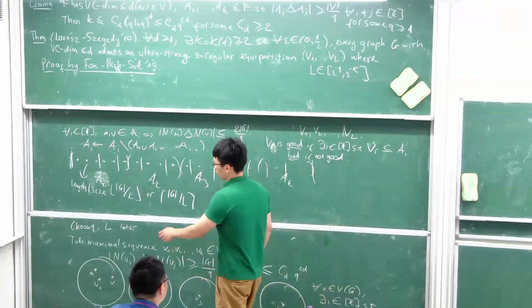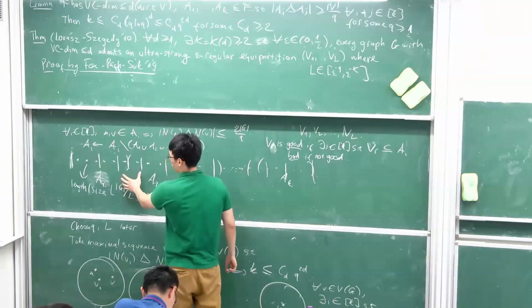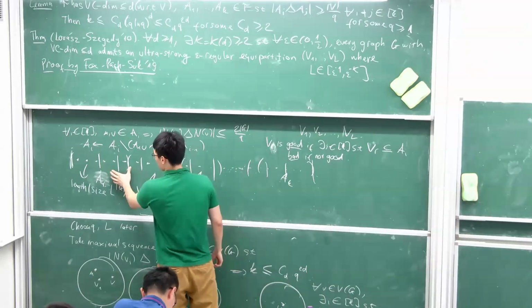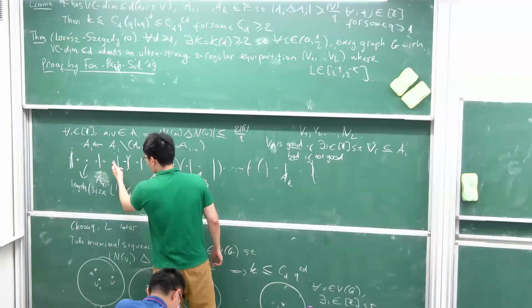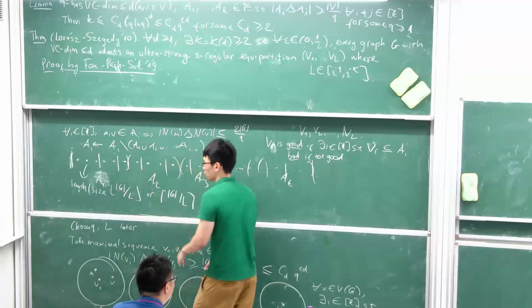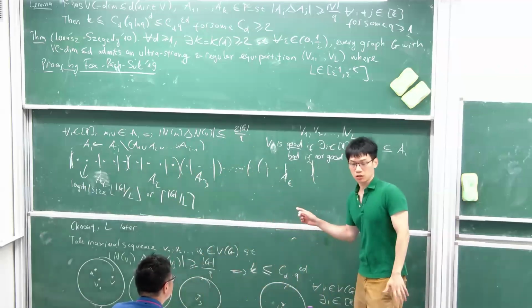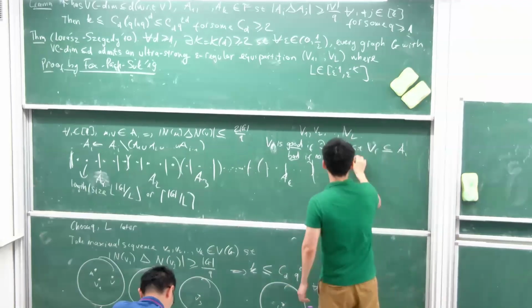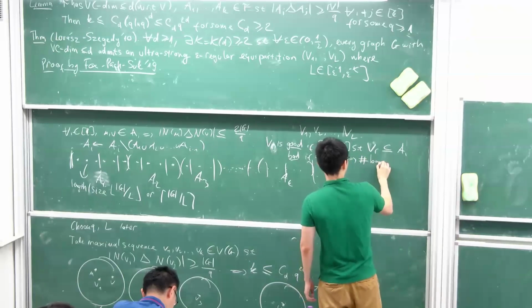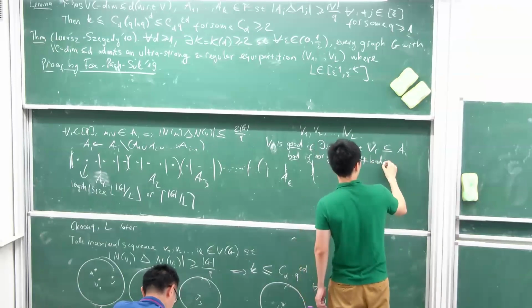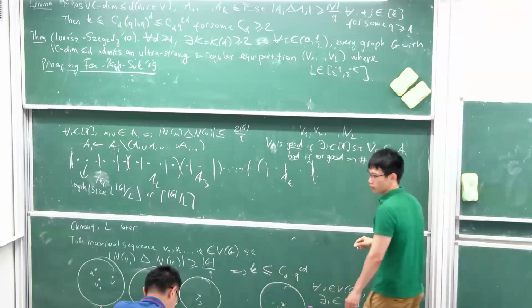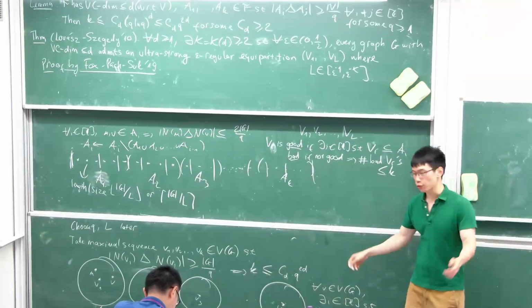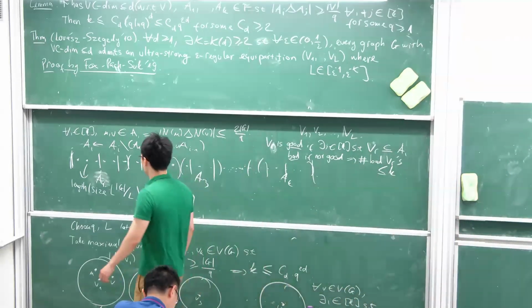So here, it is bad if it intersects two consecutive balls in the picture. Right. So the number of bad VR is at most K. So we have very few bad ones in the picture.